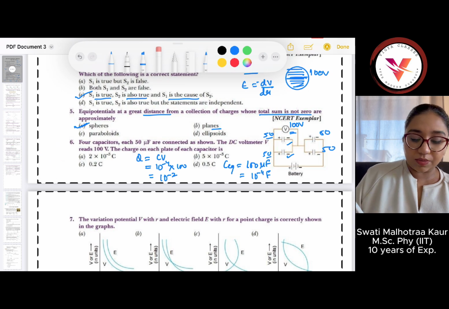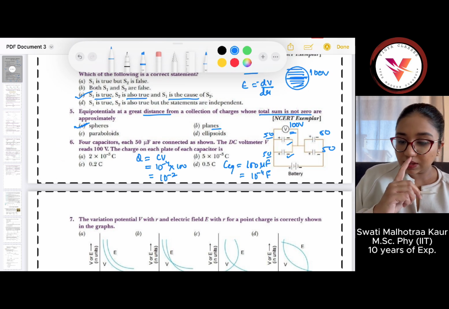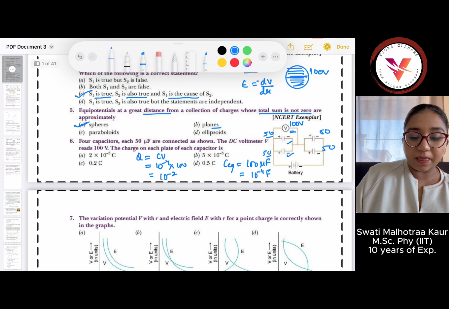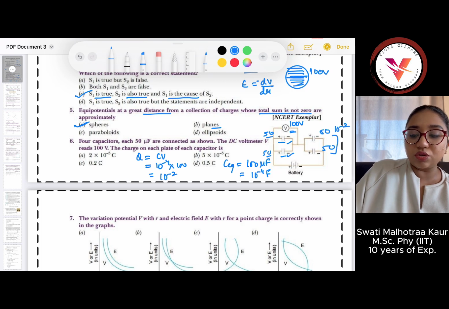You can use this formula, and you can also get, since on both the capacitors the total charge is 10 raised to the power minus 2, and also here it is 10 raised to the power minus 2, because they both are in series.